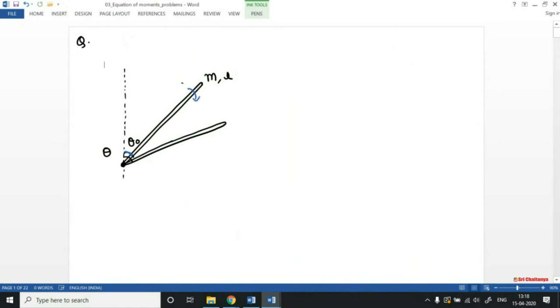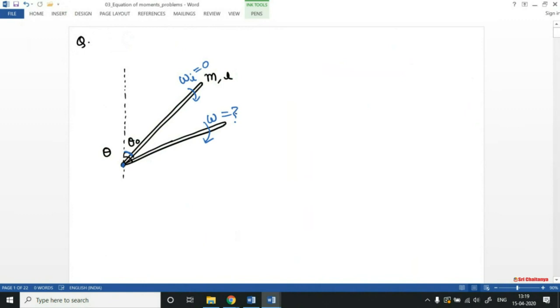So the initial angular velocity is equal to 0, and we have the final angular velocity when it reaches this orientation, making an angle theta with the vertical. We wish to find out the force exerted by this hinge on this rod at this instant. So the procedure for this question would be, first we will find the final angular velocity.